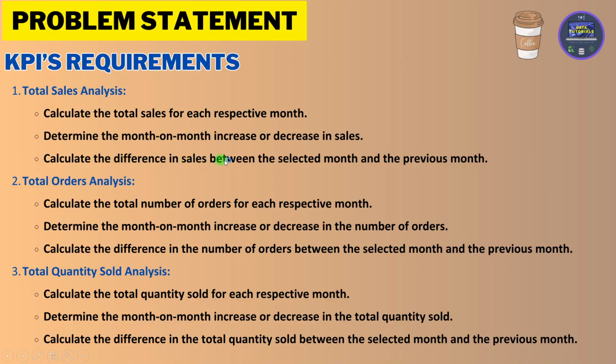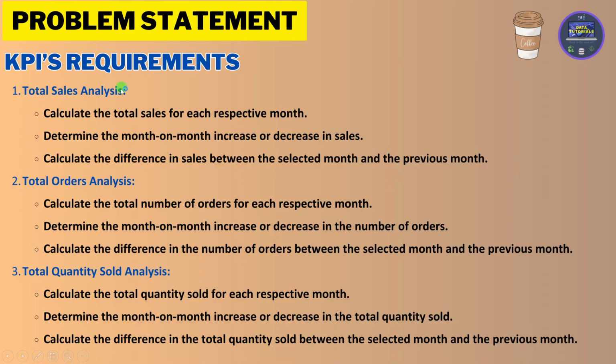And similarly, we have to find out the difference in sales between the selected month and the previous month of the selected month. If it is February, we will use January as the last month, and if it is January 2023, the last month will be December 2022. Likewise, it is a cycle on a rotation basis.